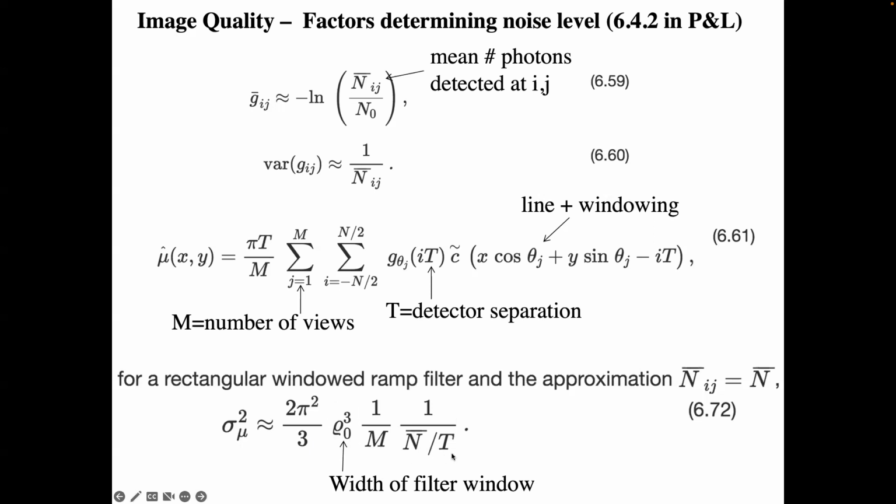This term is essentially the number of detectors that we have along the L direction, right? So if I have more detectors of the same width, I'm going to get a lower variance, right? So adding detectors of the same width, I just get a lower variance.